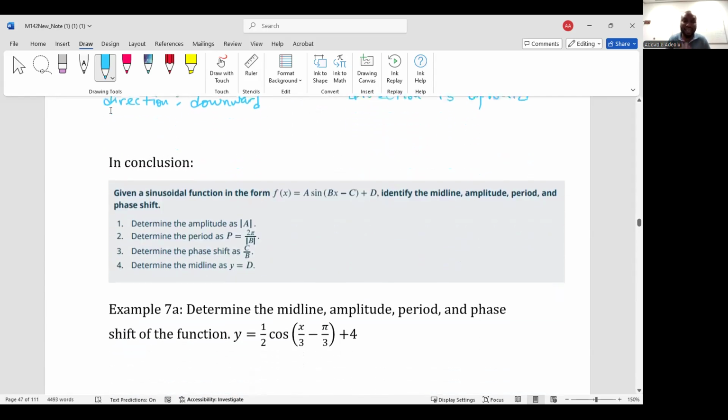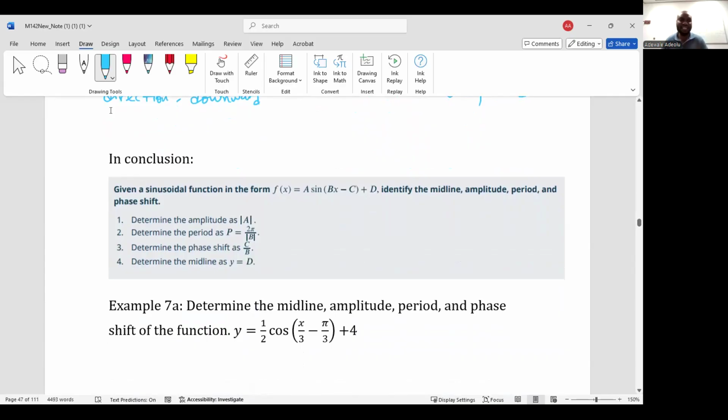In conclusion, given a sinusoidal function of this form, identify the midline. We know what the midline is now, this. The amplitude, this. The period. We know that the period is related to b by 2 pi divided by the absolute value of b. So we can find the period.